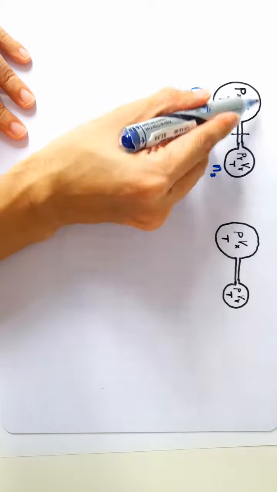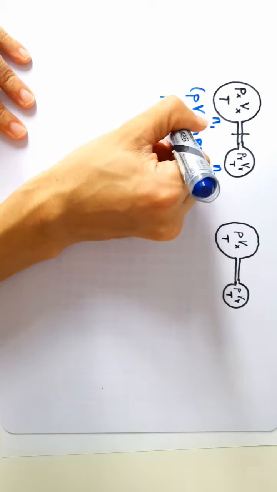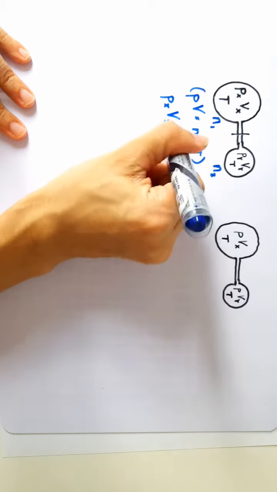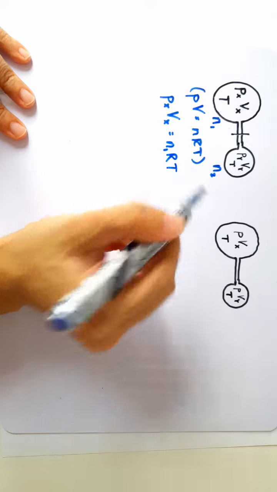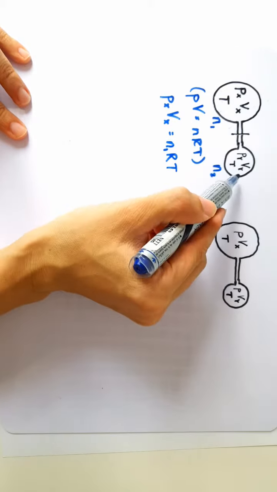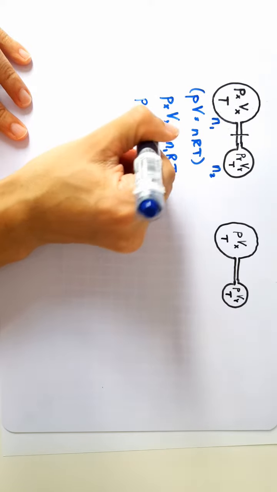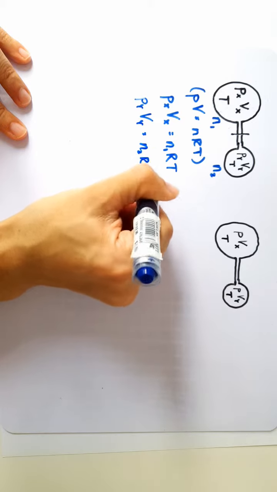So for flask X, we can write this equation: Px Vx will be equals to N1 RT. We can do the same for flask Y. So Py Vy will be equals to N2 RT.